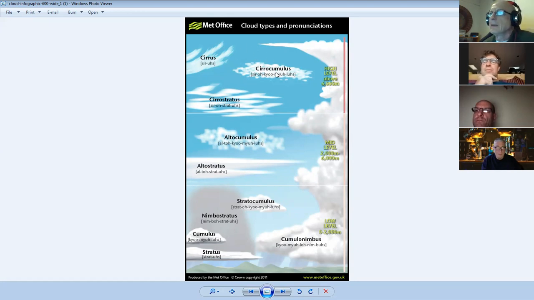As you can see, it basically gives you everything you need, the basic stuff about clouds. Down the right-hand side we've got approximate height in meters, the high level, you've got your cirrus, cirrocumulus, cirrostratus. You can see you've got your cumulonimbus, which starts here from a very low level and can run all the way up to 18, 20, 25,000 feet.